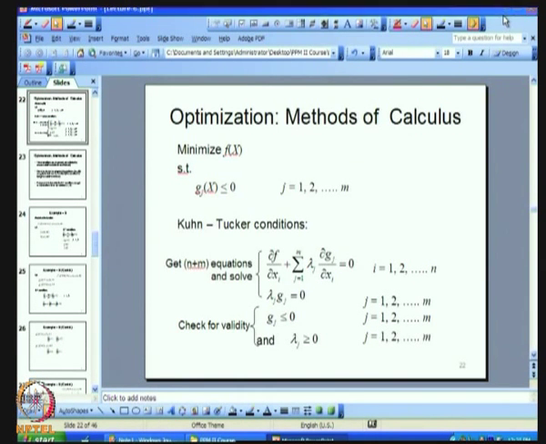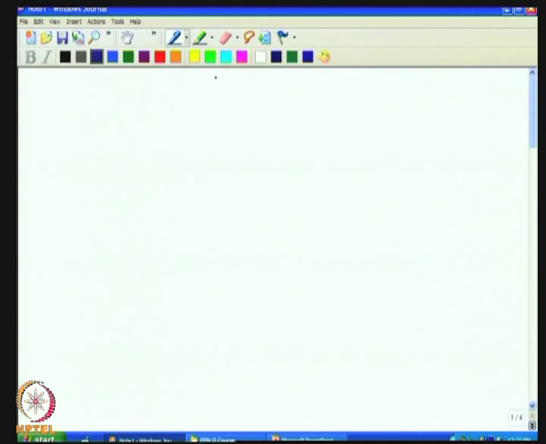Let us say that you have a combination, I will write all the combinations. So, if you have minimize f of x subject to gj of x less than or equal to 0, this is the problem that I just stated.